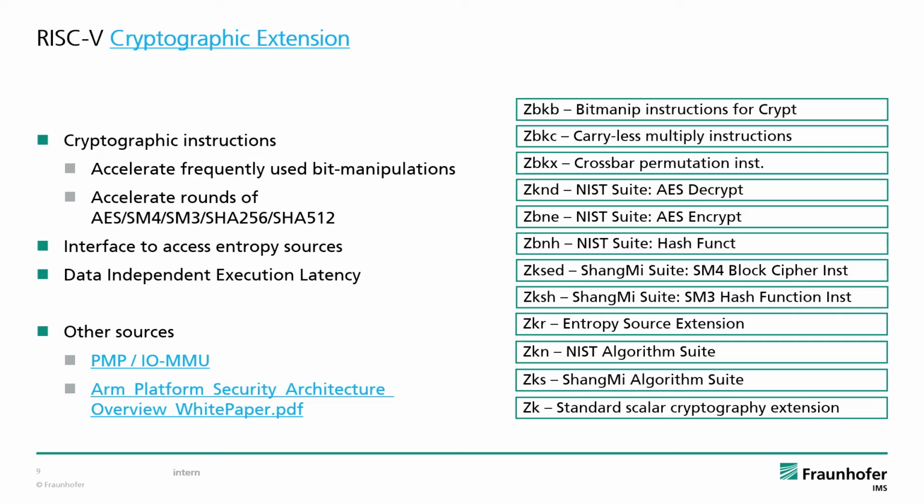Other parts of a security architecture are, for example, described in the physical memory protection specification. And eventually, the RISC-V Security Working Group will be publishing an architecture-level definition of security measures like ARM did in the past with its platform security architecture.